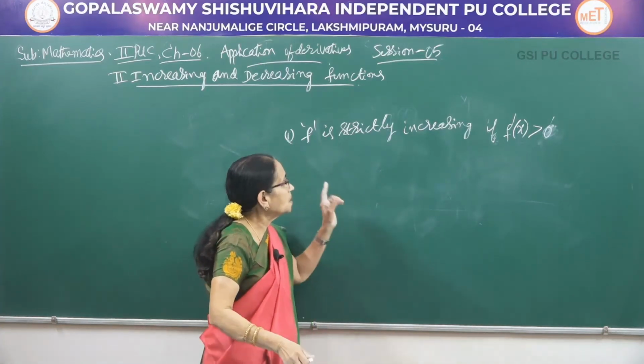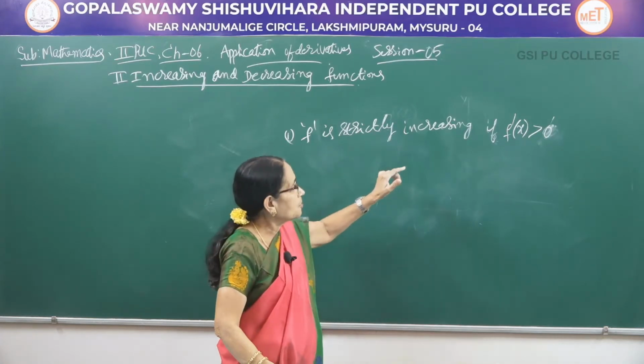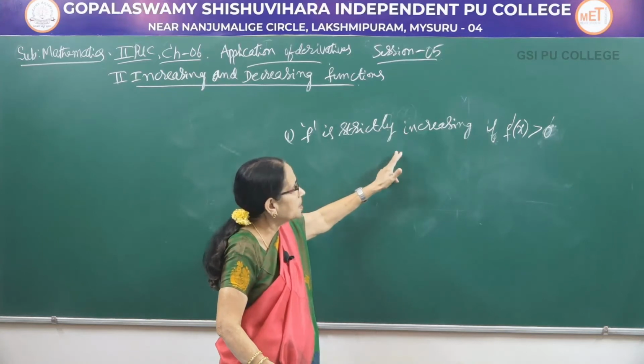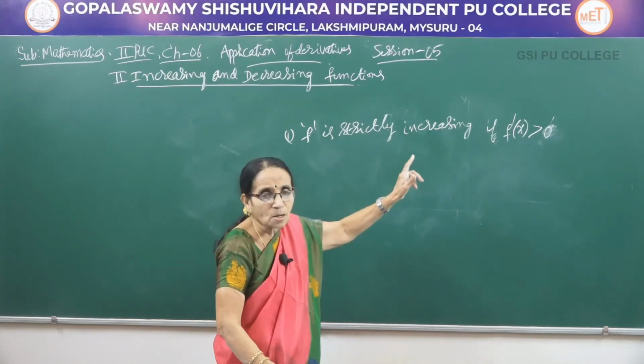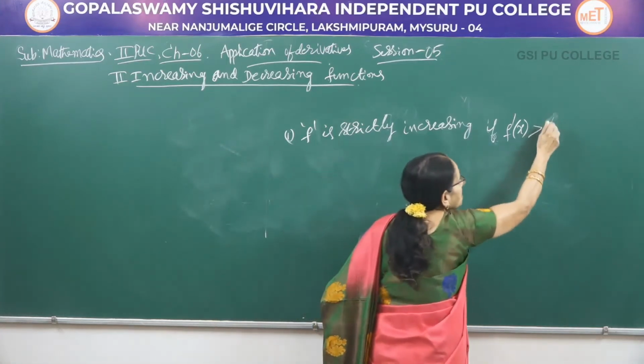So, first one is f is strictly increasing, of course on the given interval only. f is strictly increasing in the closed interval a comma b, if f dash x is greater than 0.